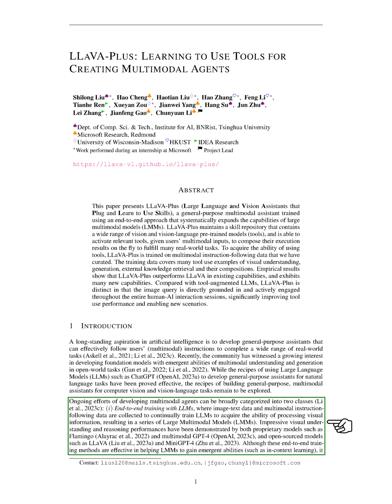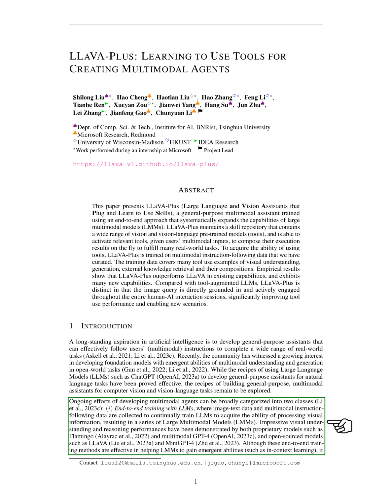Current efforts in developing these multimodal agents can be divided into two main approaches. The first approach involves end-to-end training with LLMs. Here, data from image text and multimodal instruction following tasks are collected and used to train LLMs to process visual information. This results in large multimodal models, LMMs, that have shown impressive visual understanding and reasoning capabilities.